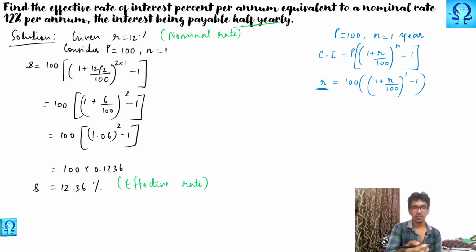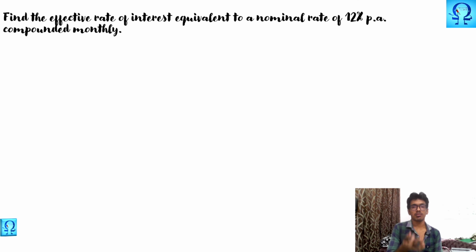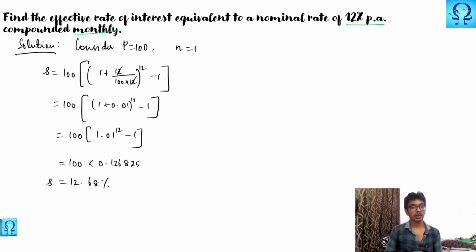You could see here that when it is compounded half yearly, we get only 12.36, but when it is compounded monthly, we are getting 12.68. The rate is increasing, right? So when we calculate more times in a year, we get more amount as interest.